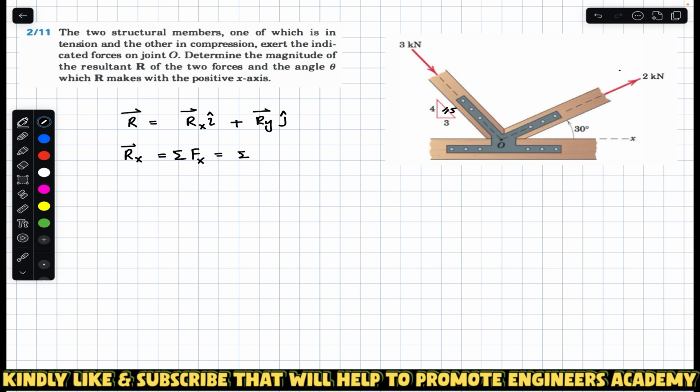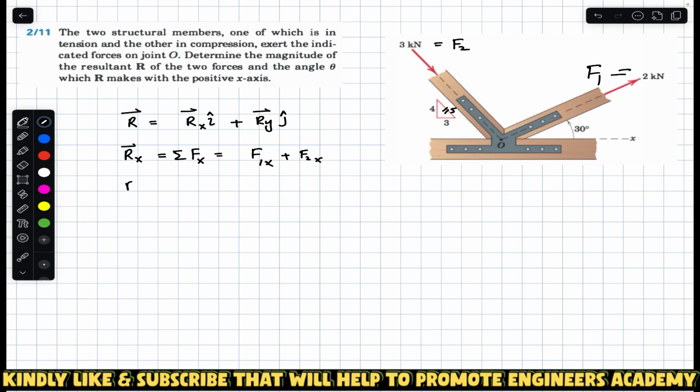Let's say that this 2 kilonewton force is F1, and this 3 kilonewton force is F2. So the sum of the forces in the x will be F1x plus F2x.